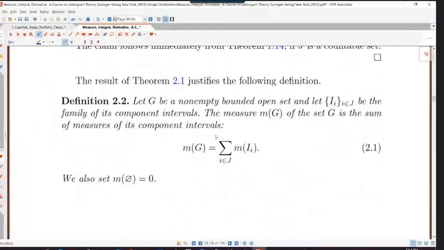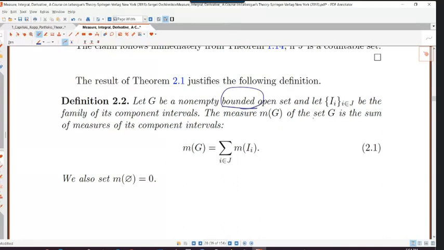Now we are able to define the measure of an open set. So let G be a non-empty bounded open set. Bounded is important here because if a set is unbounded, then its length or its measure is infinity.